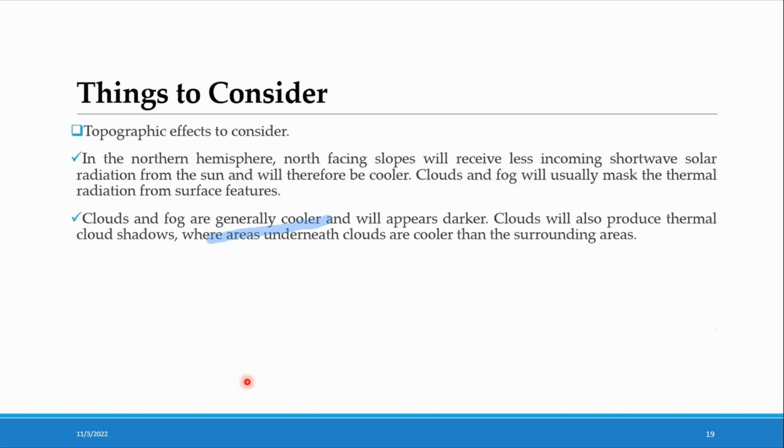So what we are saying is that areas that have slopes may be shielded from radiation, so they will appear cooler, while the slopes that receive direct sunlight will appear warmer compared to the others. So all these effects, the topographic nature of the surface, will affect the temperatures being recorded by the sensor.